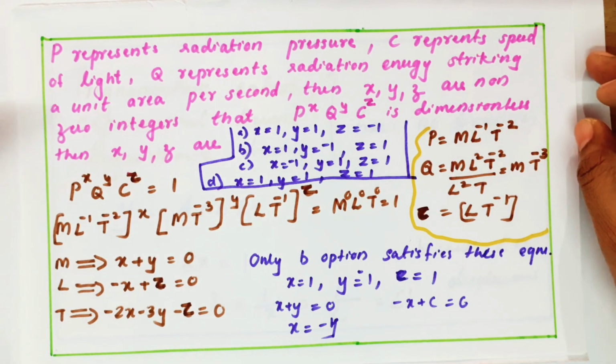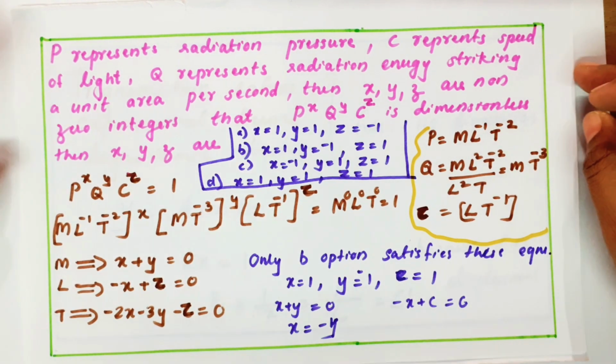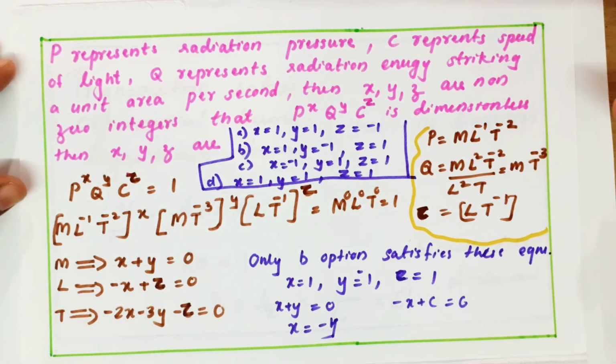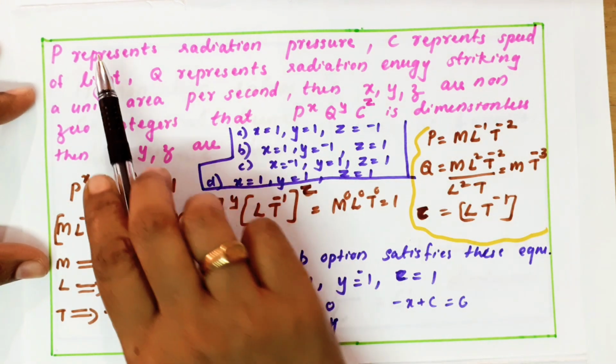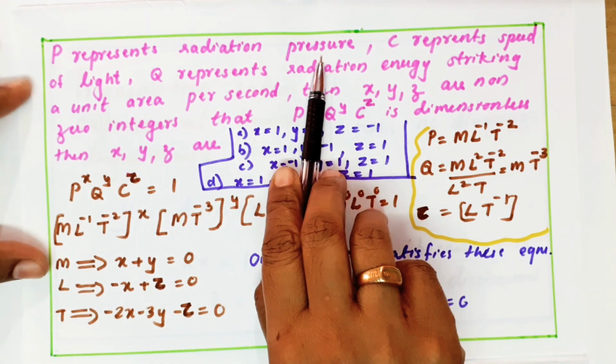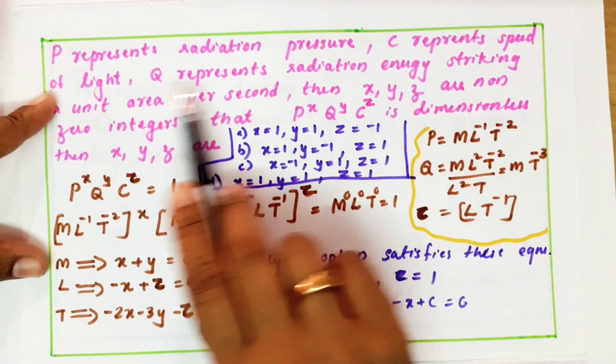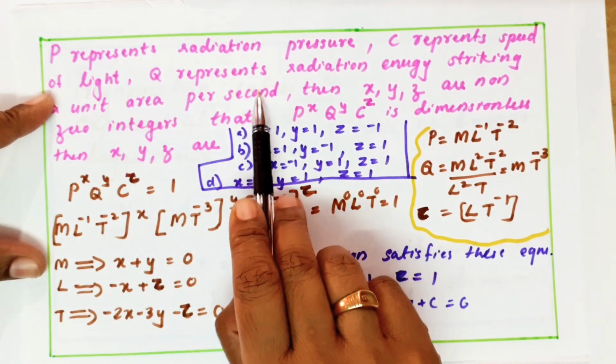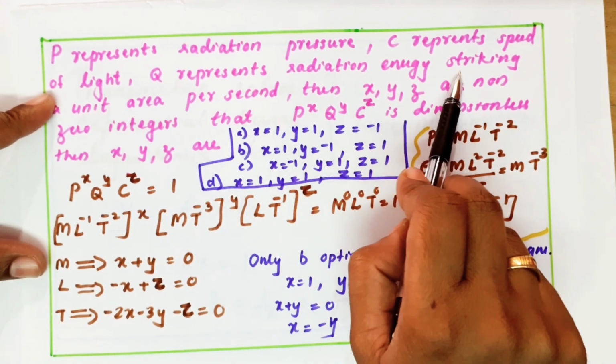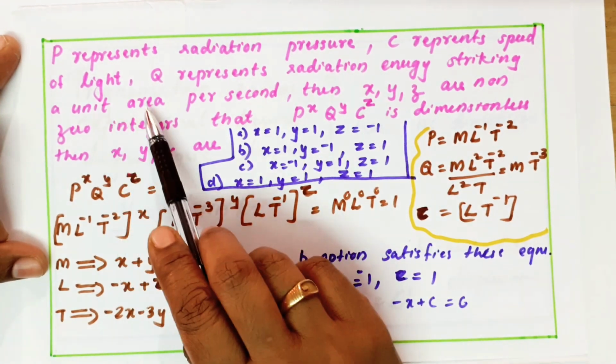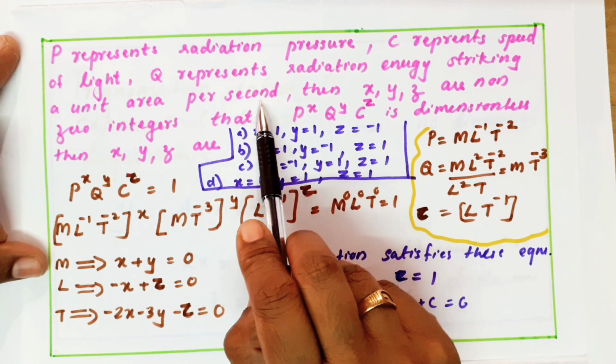Next question. With dimensional analysis, we can find or derive a relation. P represents radiation pressure. C represents speed of light. Q represents radiation energy striking a unit area per second.